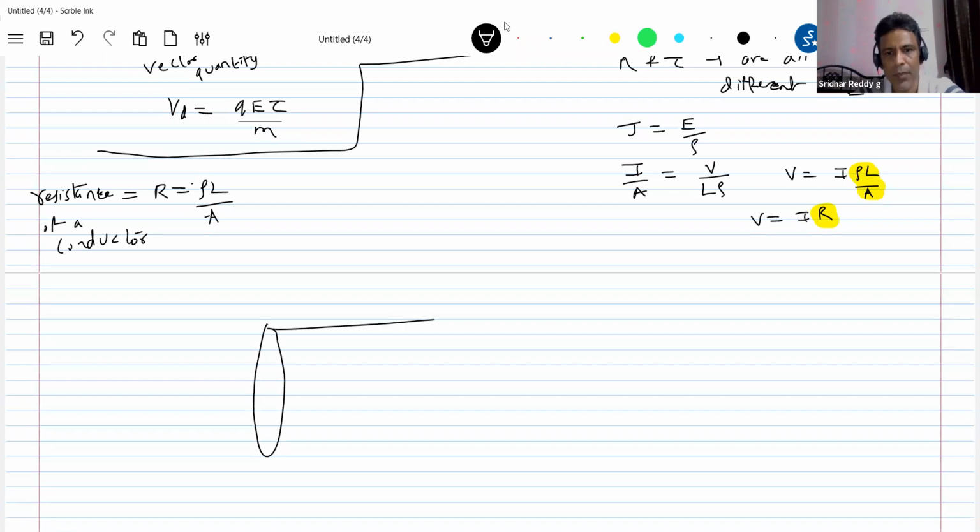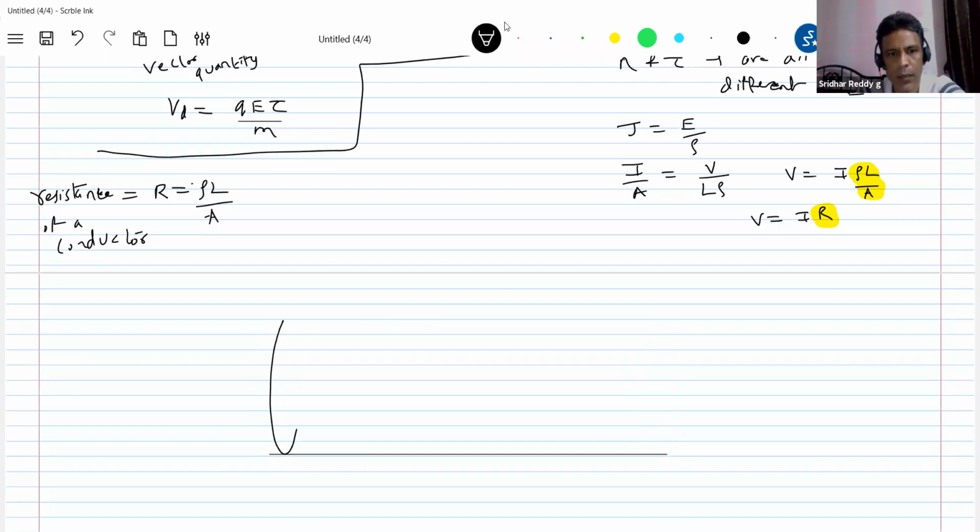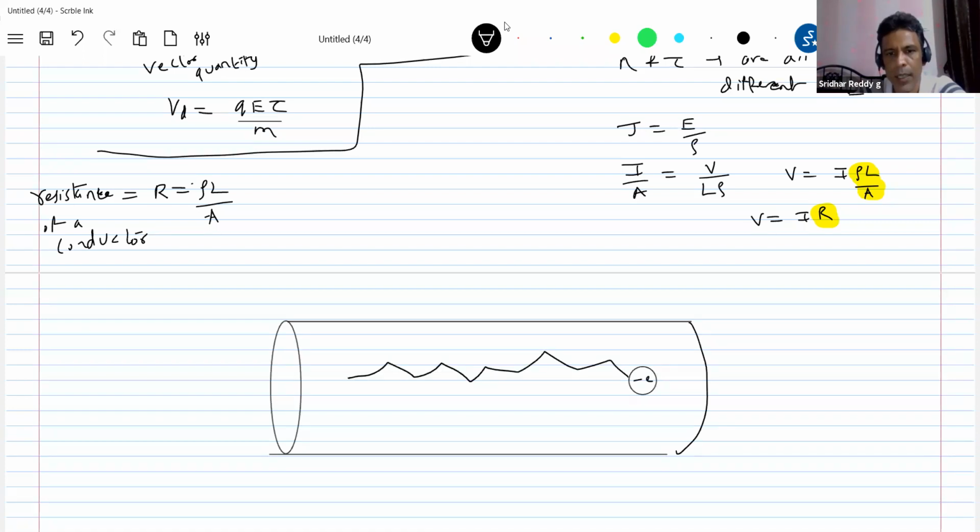The same diagram, I'll just continue. So this particular electron will move in a zigzag path. And there's a direction of electric field.